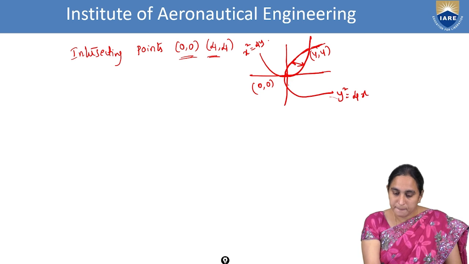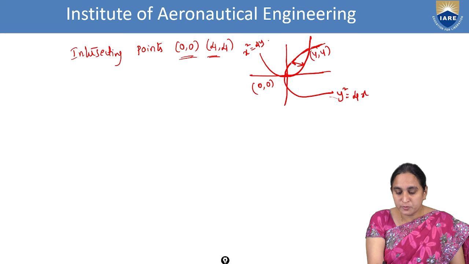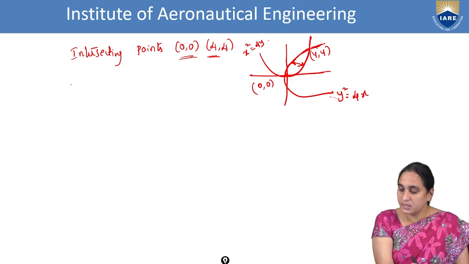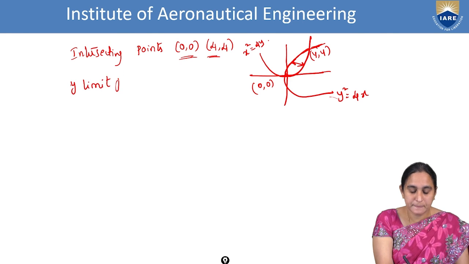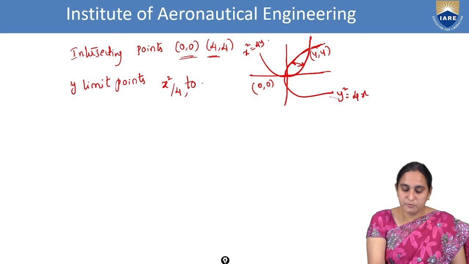From x square is equal to 4y, directly I'm writing the y limit points: x square by 4 to 2 root x.